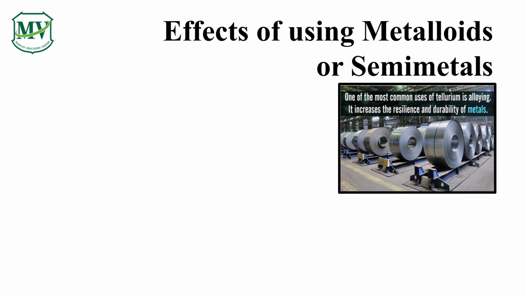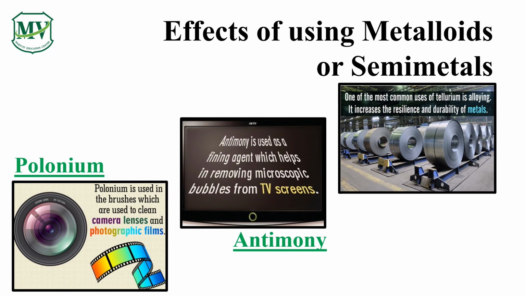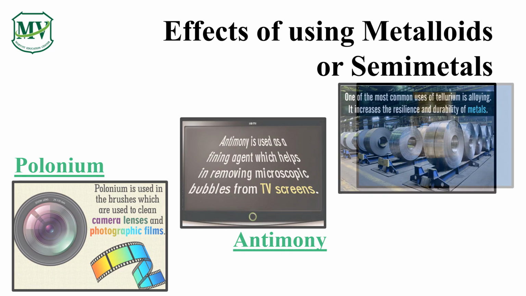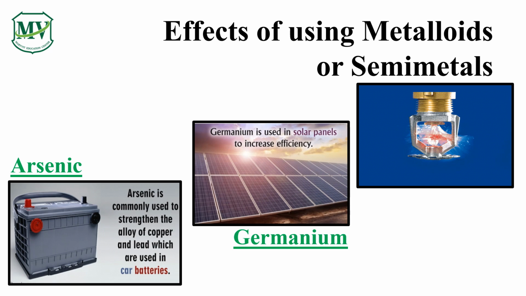Do you have TVs and cameras at home? Of course you do. How do you clean them? Right. With the use of polonium and antimony, we can clean cameras' lenses and photographic films as well as remove the microscopic bubbles from the TV screen. If you have cars and solar panels at home, then you are using arsenic and germanium.